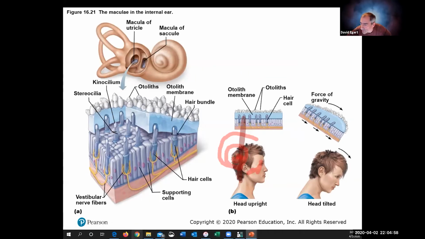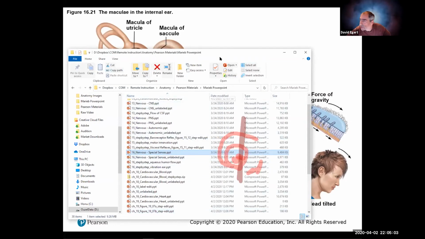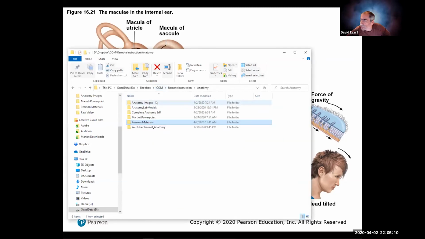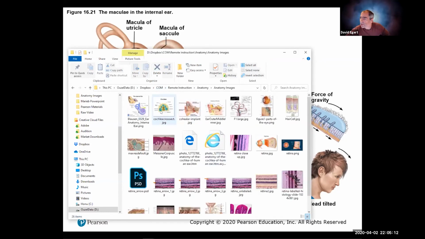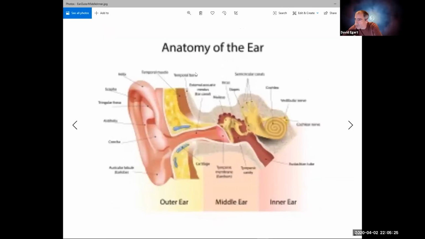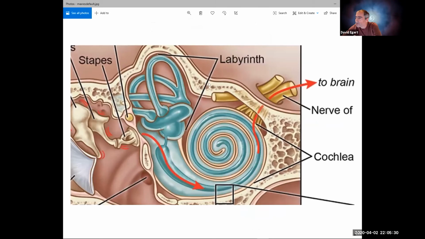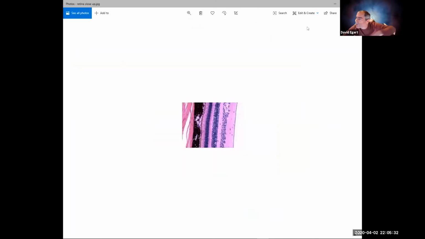Hold on 1 second. Give me 2 seconds here. anatomy, images. Oh, that's not it. Hold on. Hold on, sorry about that.